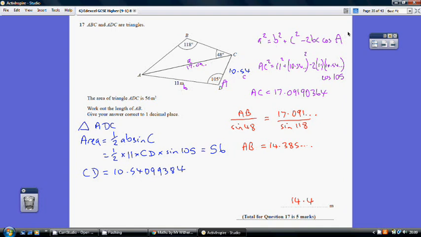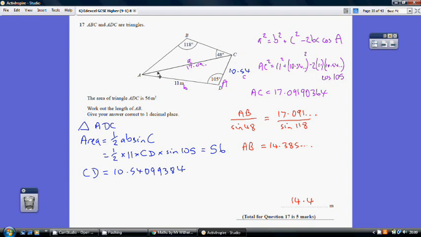So using the cosine rule, which is this, so learn this, we're saying that a squared, so AC squared, equals 11 squared plus our 10.5409938 squared from down here, take away 2 lots of the 11 times our 10.54 times cosine of 105. Now working that through and square rooting, we get AC being a length of 17.09 and the rest of this.